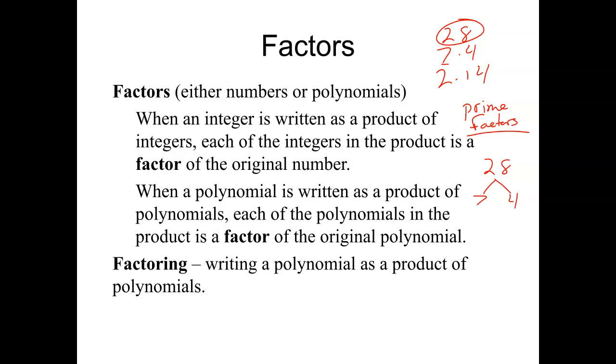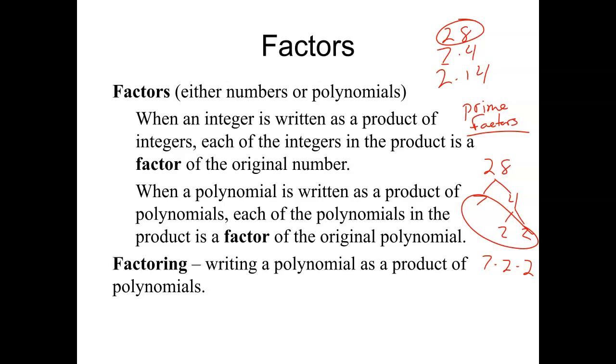Is 4 a prime number? No. So I need to factor 4. What does 4 factor into? 2 and 2. Is 2 a prime number? Yes. So my prime factorization is 7 times 2 times 2. Those are the prime factors of 28.